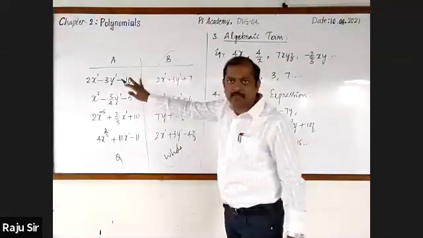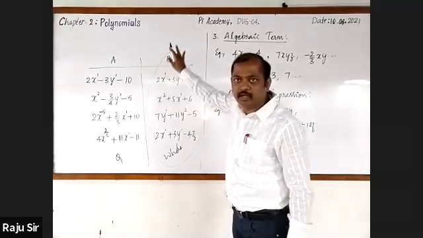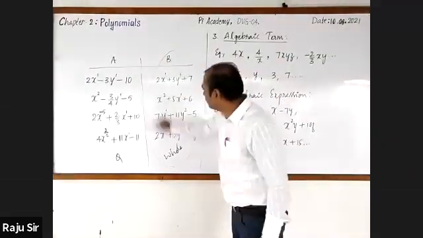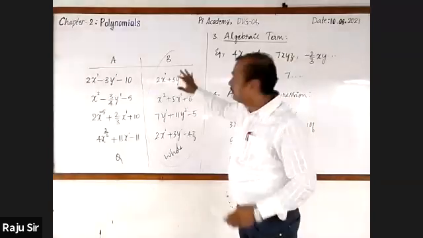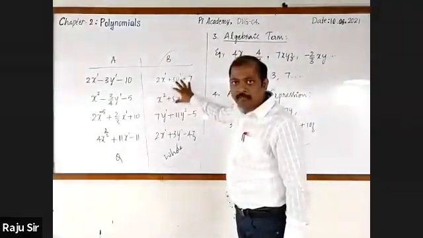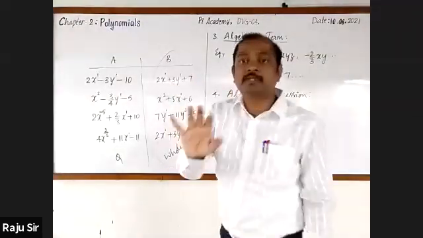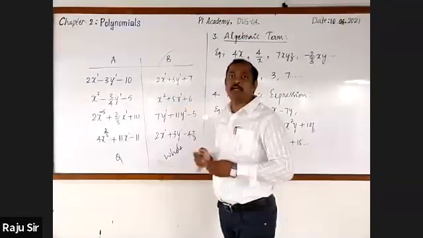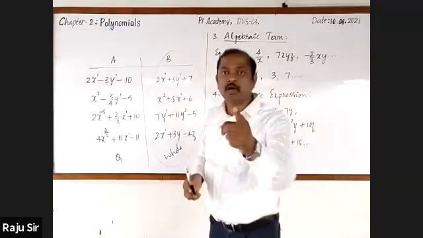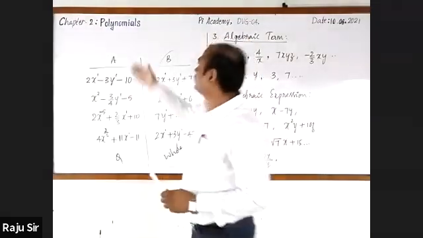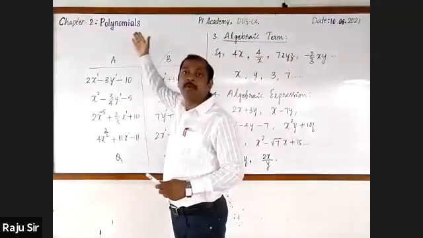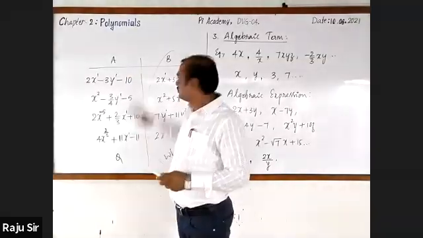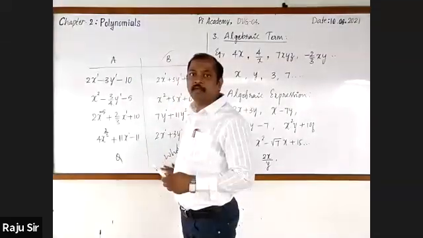All these are algebraic expressions only, particularly the ones I have written in group B. They involve variables and the power of the variables is non-negative integers. So such algebraic expressions are known as polynomials. So these are all polynomials.